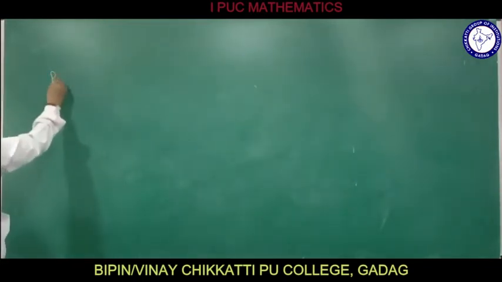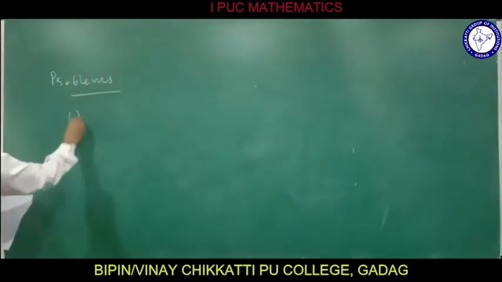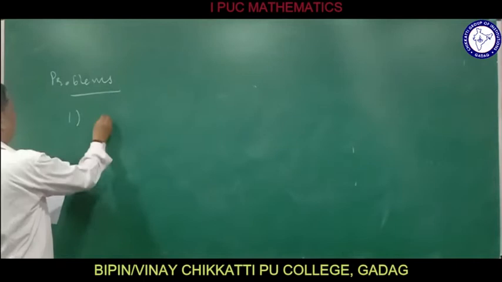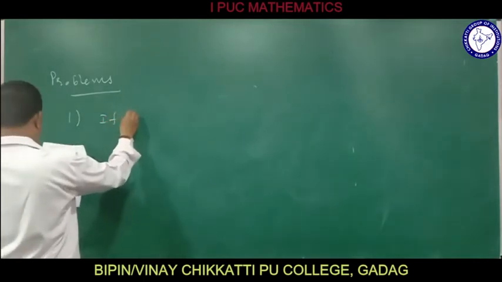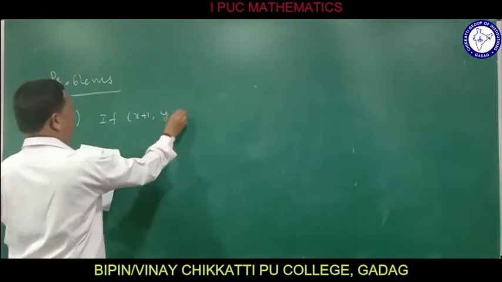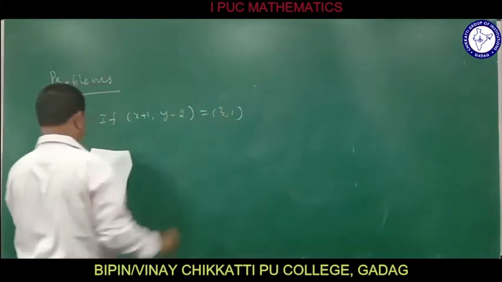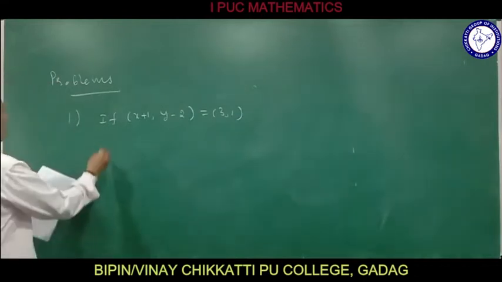So the problems, you have to understand very carefully. First I write: if (x + 1, y − 2) = (3, 1), find the values of x and y.